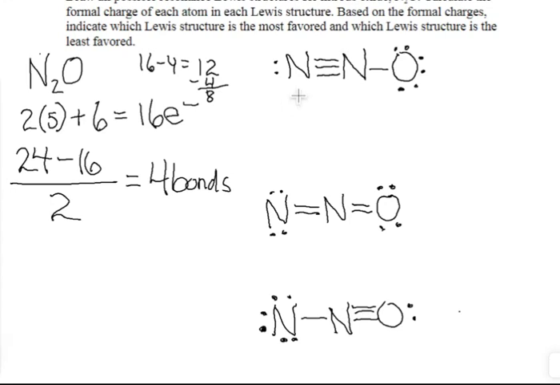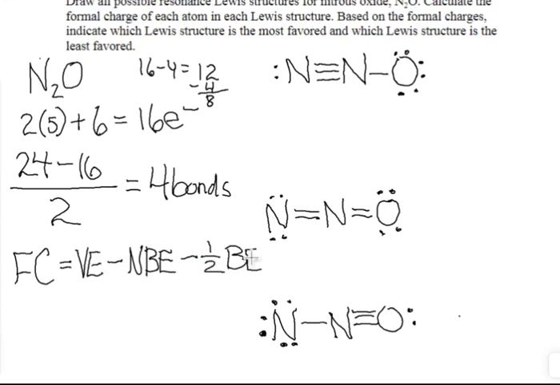So formal charge, our formula for formal charge is going to be the number of valence electrons that an atom has, minus the number of non-bonding electrons, minus 1/2 of the bonding electrons.